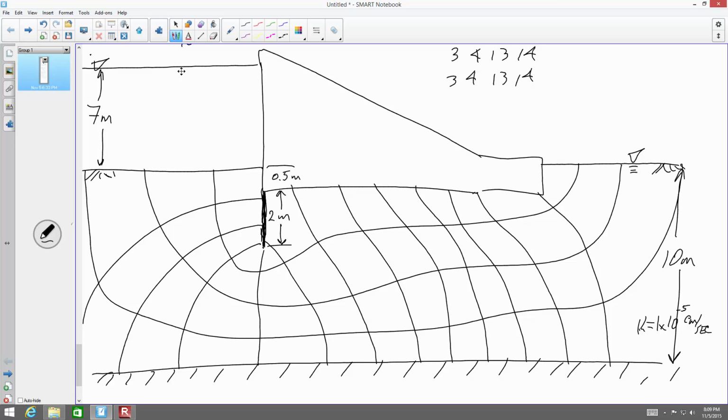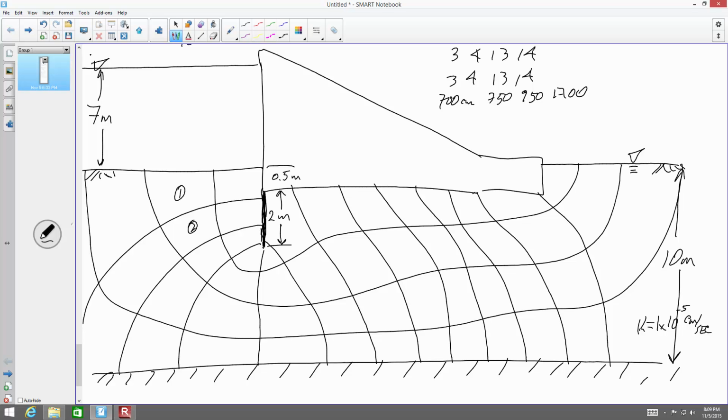And total head loss, you get 700 centimeters, 750, 950, or 1,700. So number of head drops. Catch one of these center ones here.